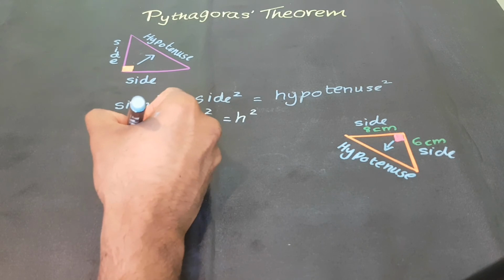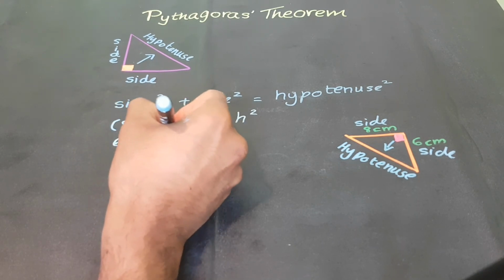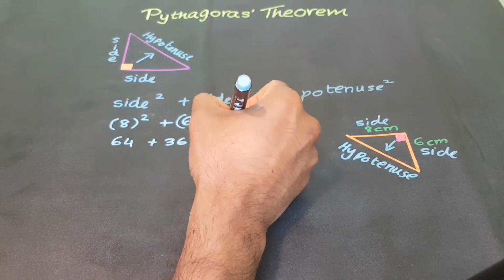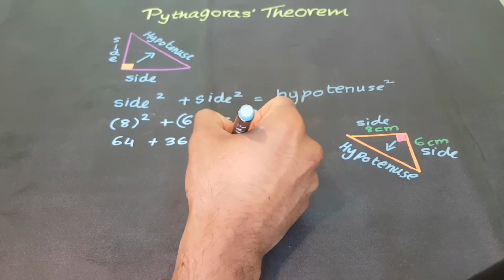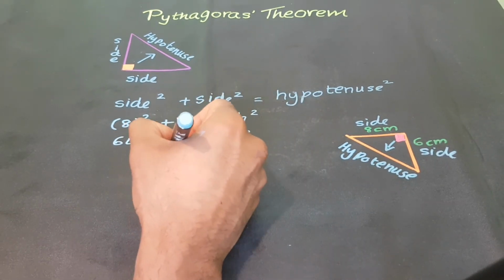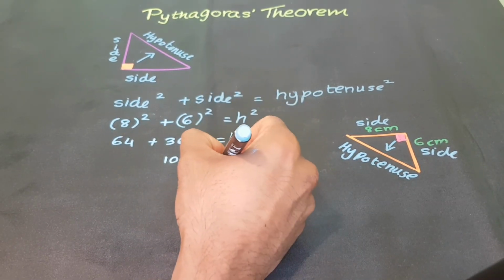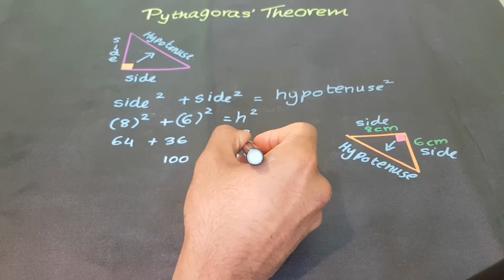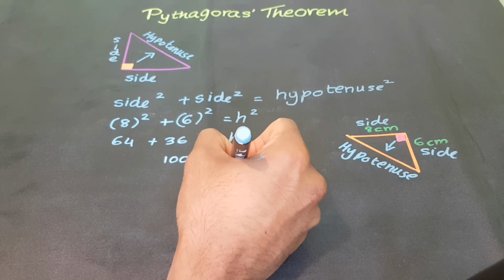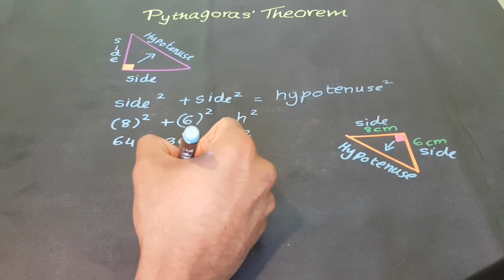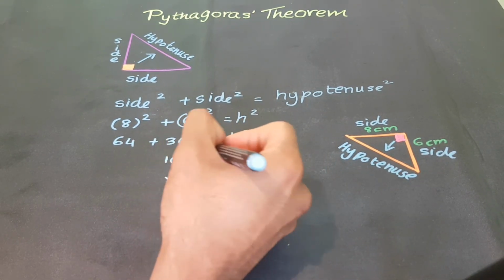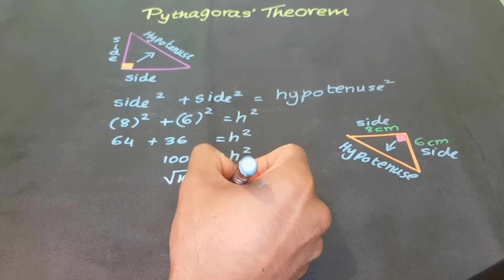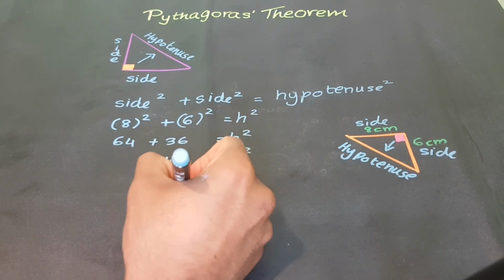That's 64 plus 36 is equal to h squared. And h squared is equal to 100. And to find h, I need to do the inverse of squaring, which is square rooting. So h is the square root of 100, which is 10 centimeters. There we go.